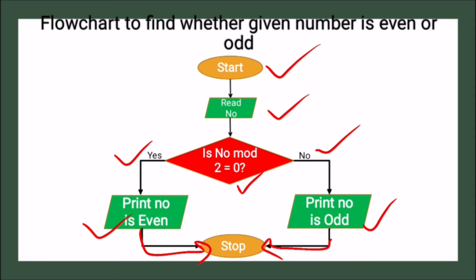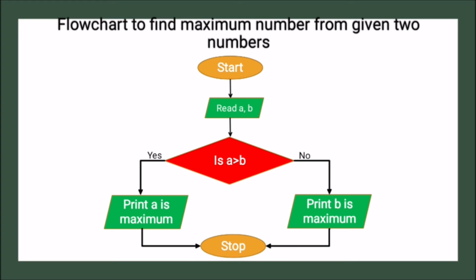So let us discuss another example of a flowchart. Here the problem is to find the maximum number from given two numbers. In every flowchart, it starts from the start symbol and ends at the stop symbol. It is compulsory in all flowcharts, whatever the problem is.